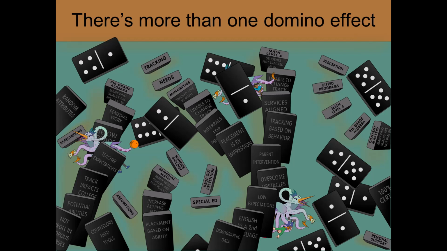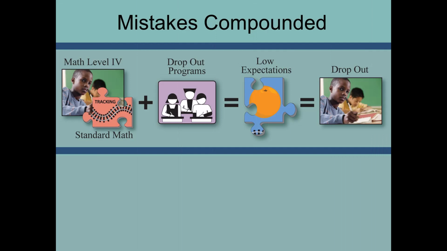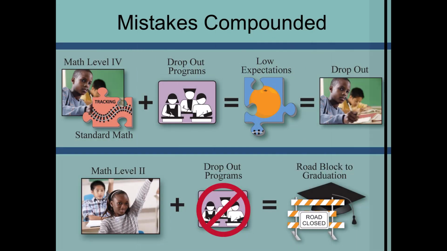For example, one of the things that we would see would be these top scoring minority and low-income students being placed in standard or remedial math courses, and then they're assumed to be at risk, and they're recommended for dropout prevention programs because of that, in addition to their demographics, because the counselors can see, well, they're tracked low or they're in standard courses, and they've got the demographics, so I'll recommend them for the dropout prevention programs.